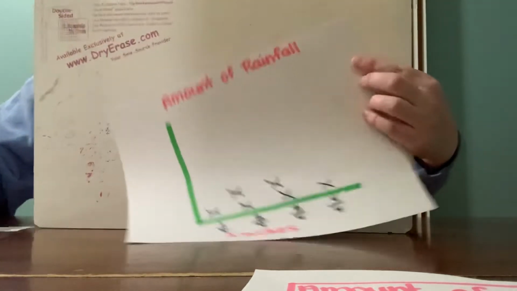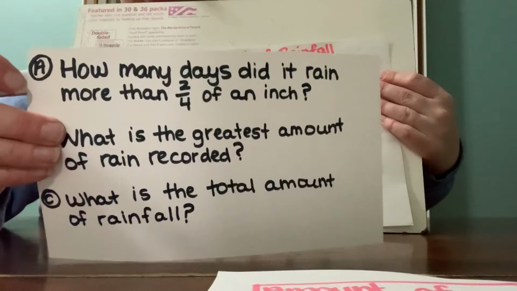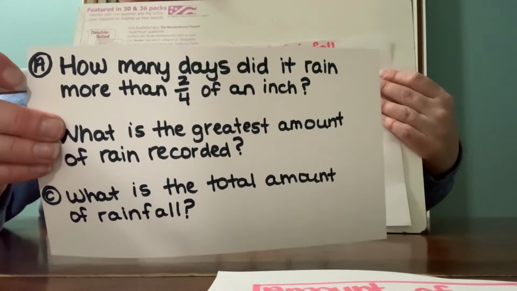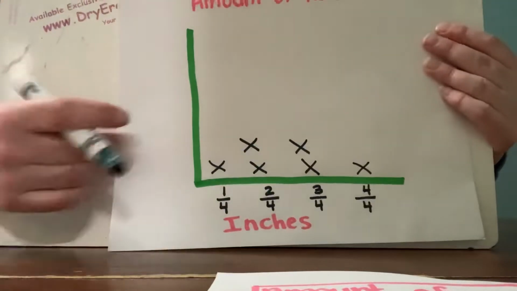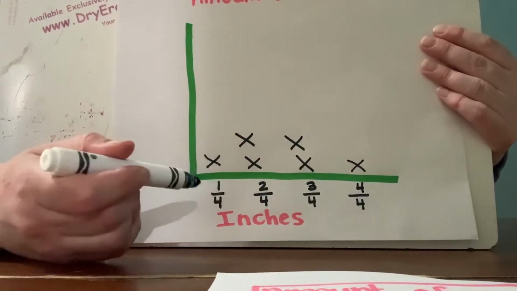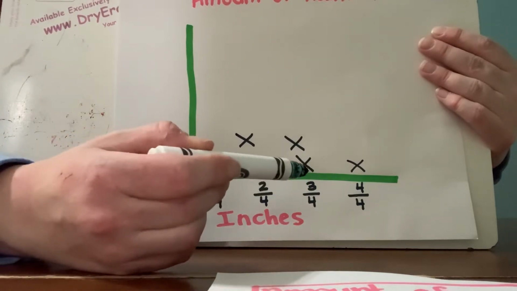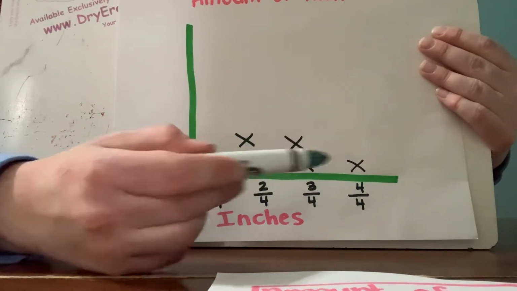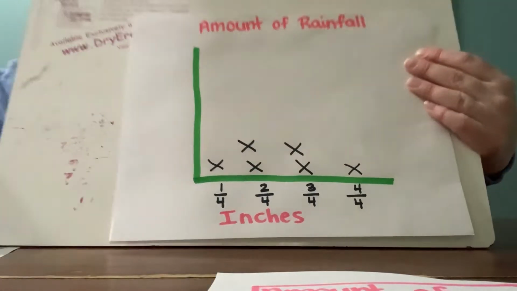The first question might say, how many days did it rain more than 2/4 of an inch? So here's 1/4, 2/4. I need how many are more than that? So that would be either 3/4 of an inch or 4/4. So that would be 1, 2, 3 days.